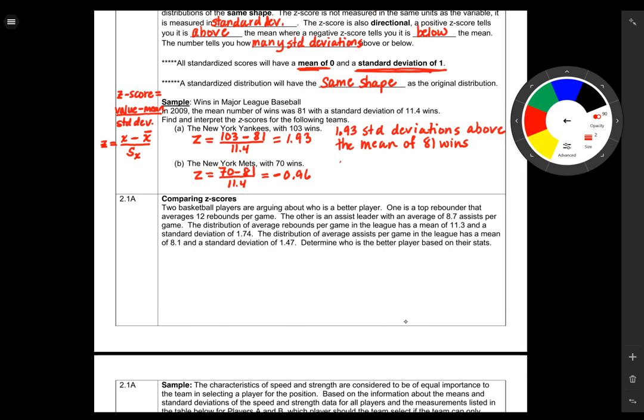So the negative tells you it's below the mean. But you don't say negative 0.96 below. You just say 0.96 standard deviations below the mean of 81 wins, because the negative is taken care of by the word below.